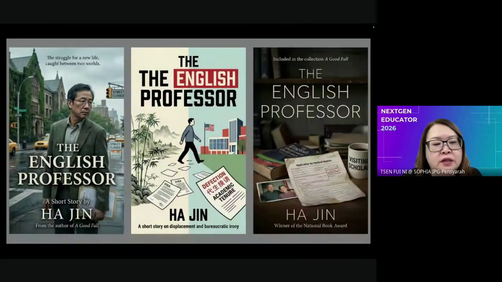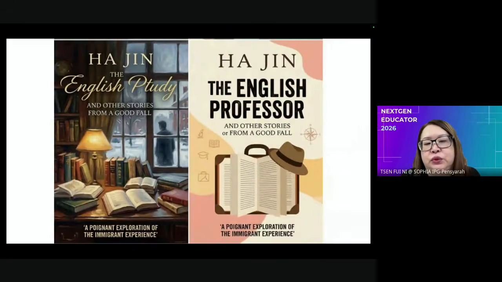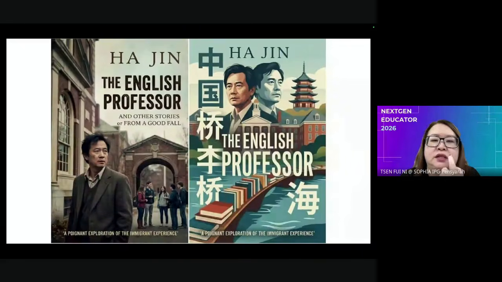There are 3 here. You can see that Gemini automatically added some extra text. This is another set. You can see Gemini is able to generate different moods and styles, with human or without human. This is another 2, and this is another 2.